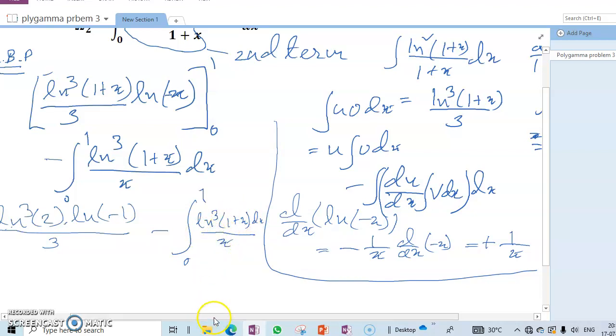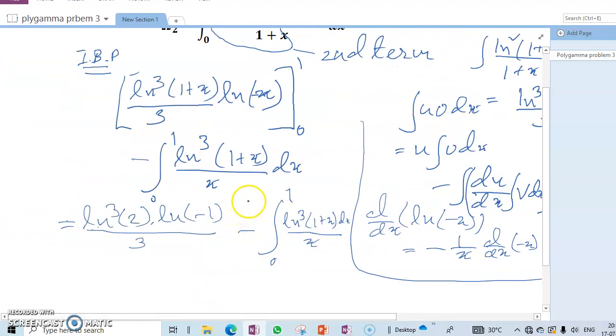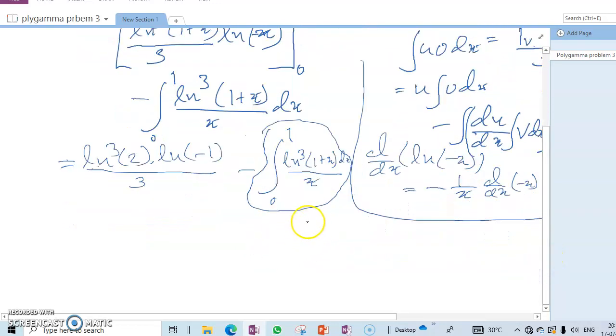Must remember, friends, this integral result I have already found out in polygamma part 2, so I do not solve it again.